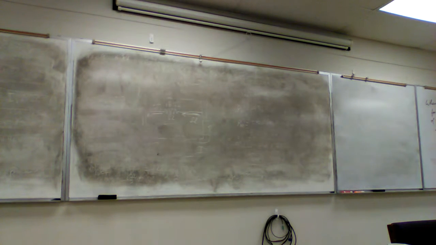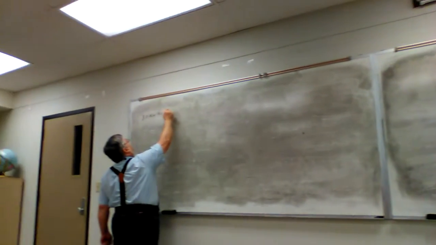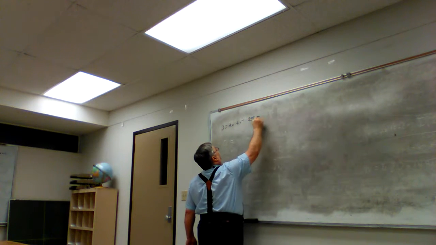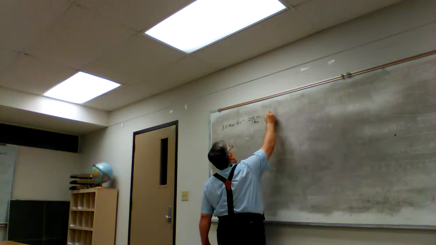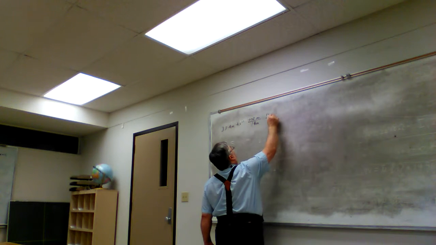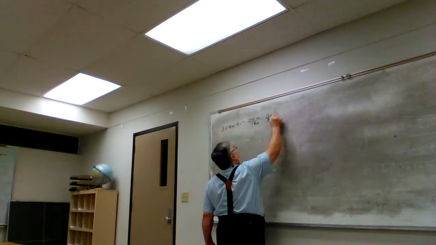First, let's get 35 kilometers per hour into meters per second. 35 kilometers per hour times 1,000 meters for every 1 kilometer times 1 hour for every 3,600 seconds.